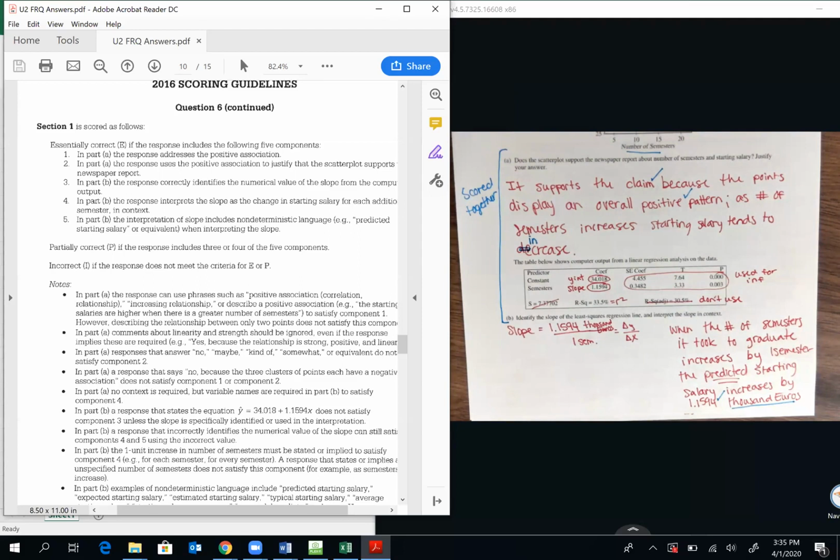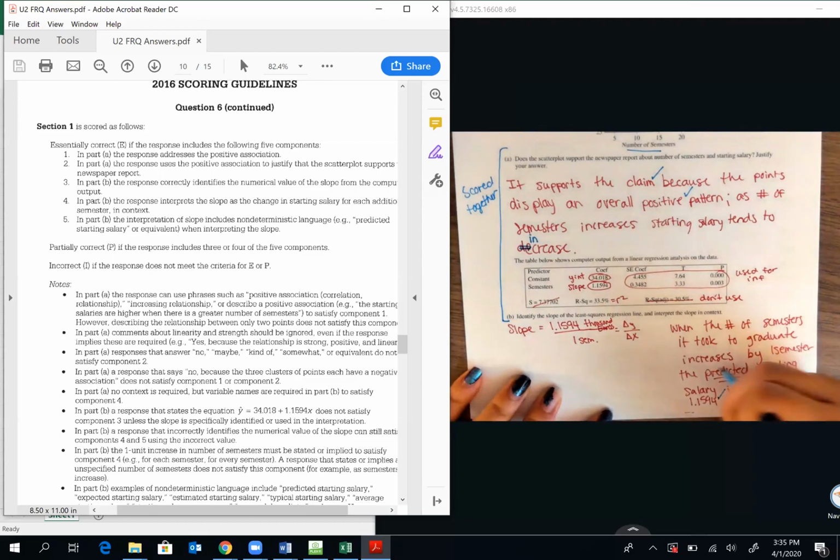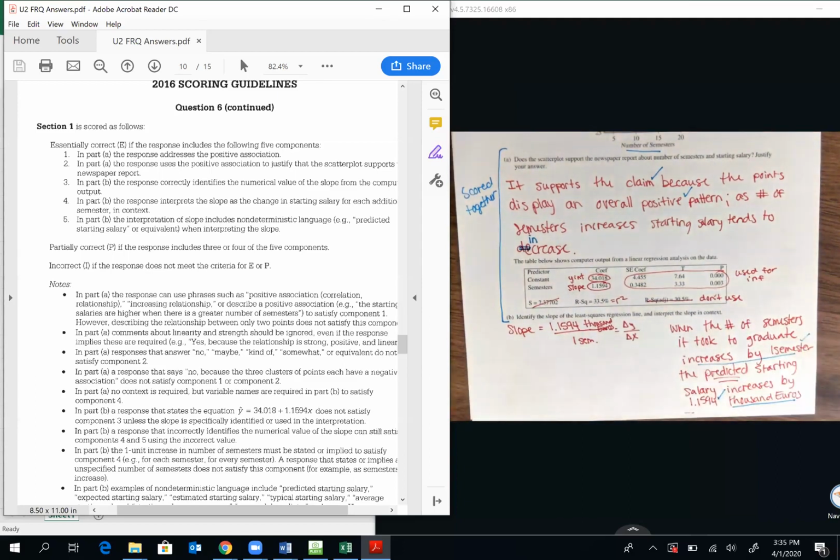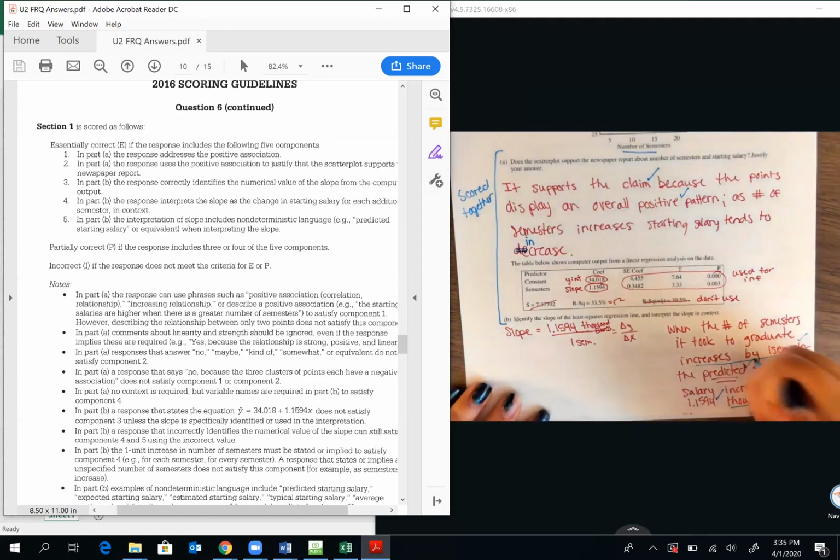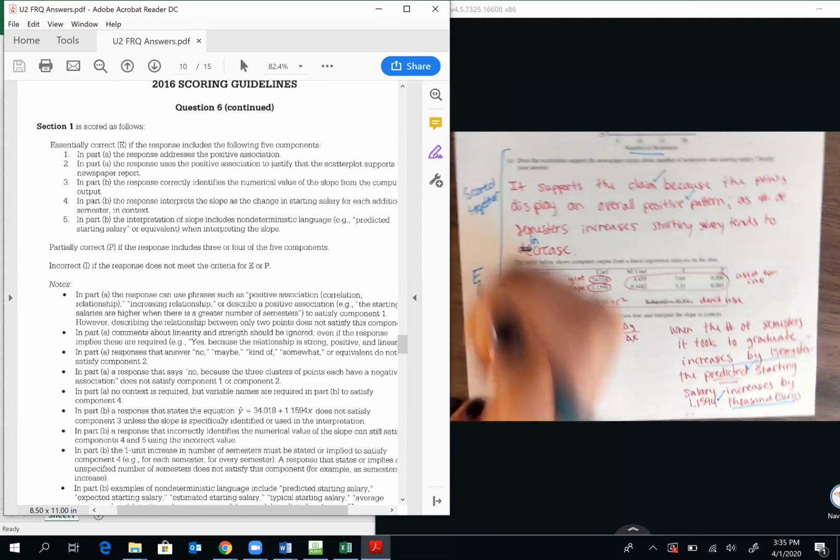In part B, the response interprets the slope as the change in starting salary for each additional semester. So increases by 1 semester, that's how much it increases by. So I have that. In part B, the interpretation of slope includes non-deterministic language, such as predicted or on average, one of those for a modifier, or non-deterministic language, as they call it. So I have that. So I had all 5 components. So I'll have essentially correct.